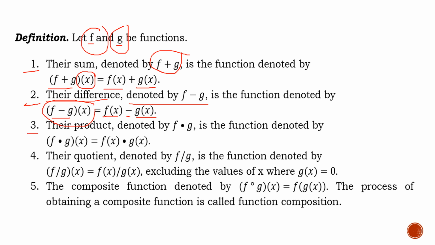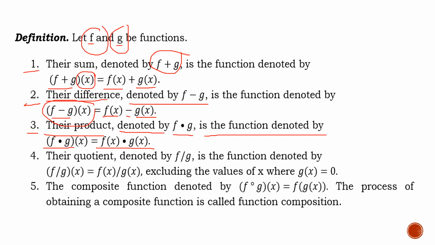For the third definition, their product, denoted by f multiplied by g, is the function where (f times g) of x is equal to the product of f of x multiplied by g of x.